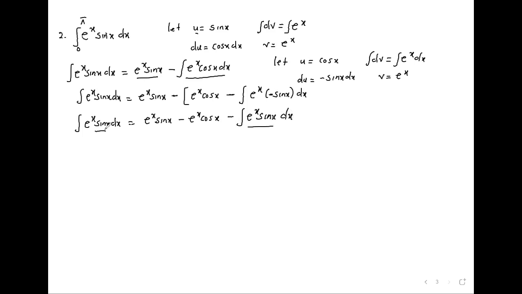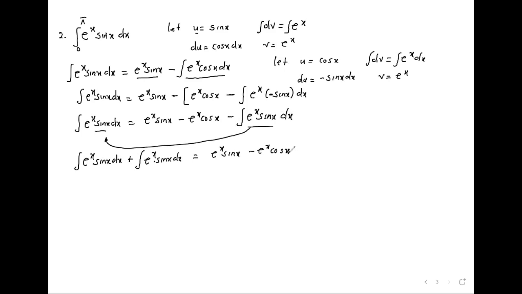So you can take this guy, the left, so that we'll have the integral of e^x sin x dx plus the integral of e^x sin x dx is equal to e^x sin x minus e^x cos x.